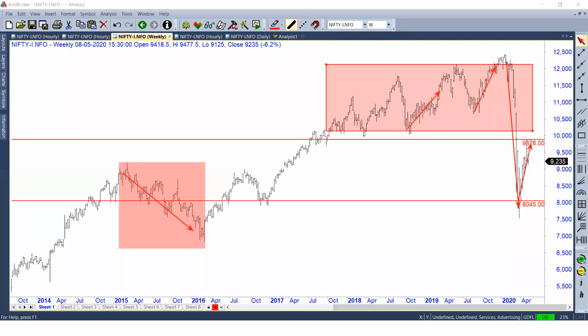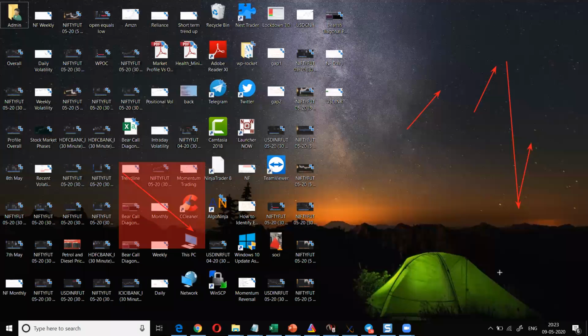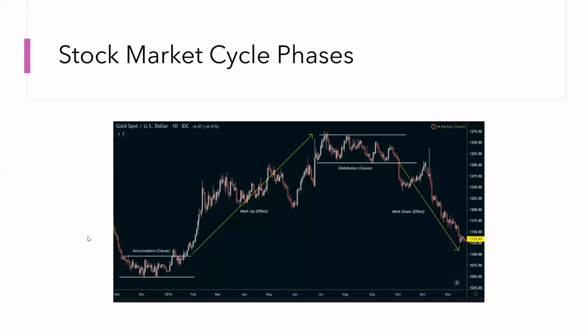Despite all the lockdown fears, all the coronavirus infections, deaths, the entire world is in a pandemic. Despite that, the market has been rising for the last couple of months. If you think about the volatility, let me pull up the volatility charts.